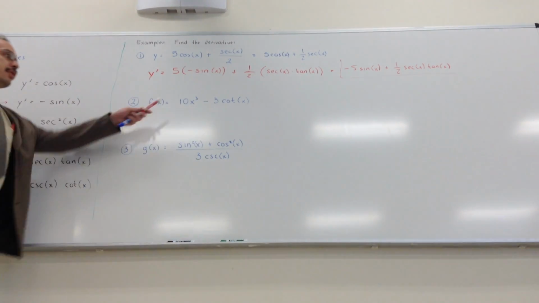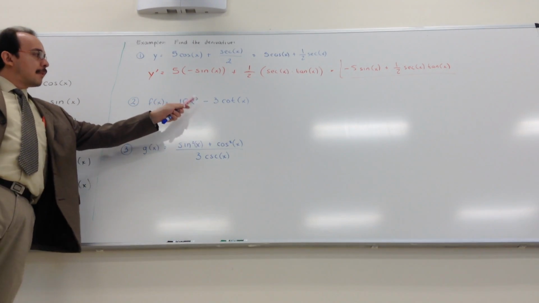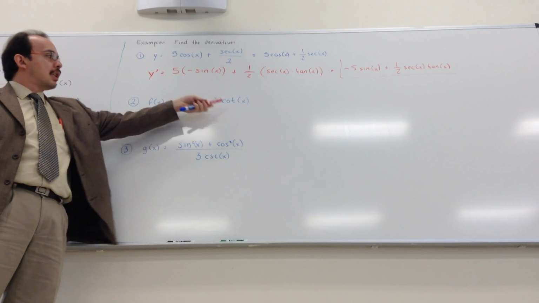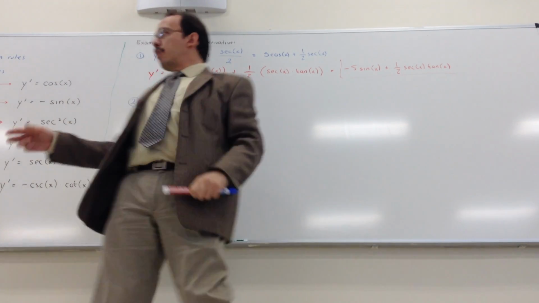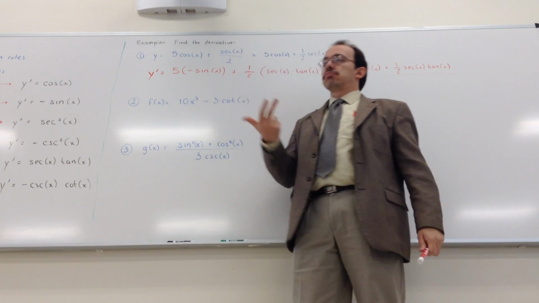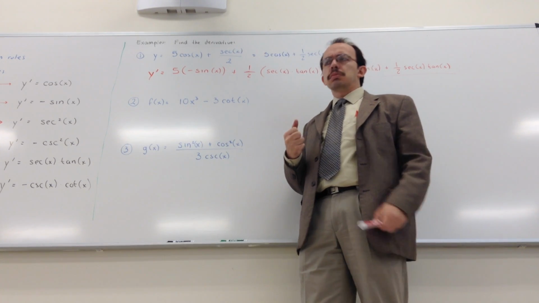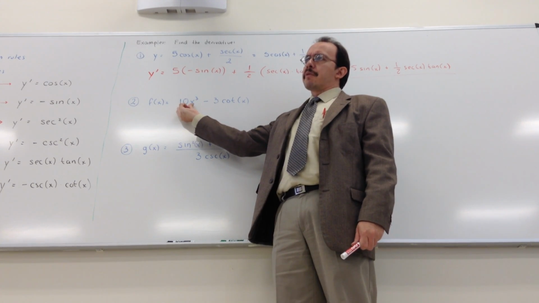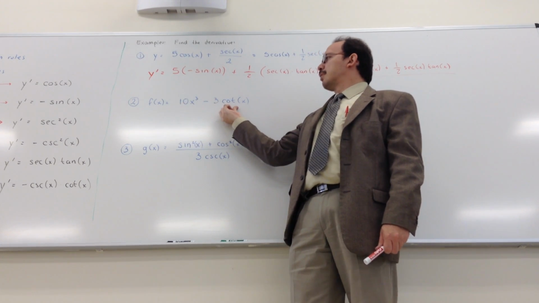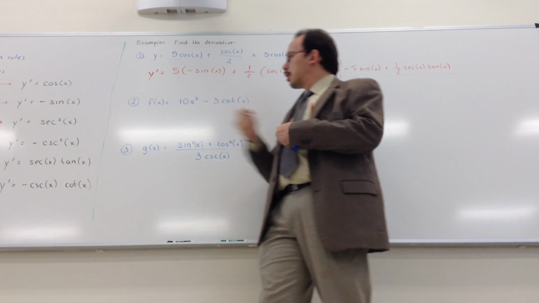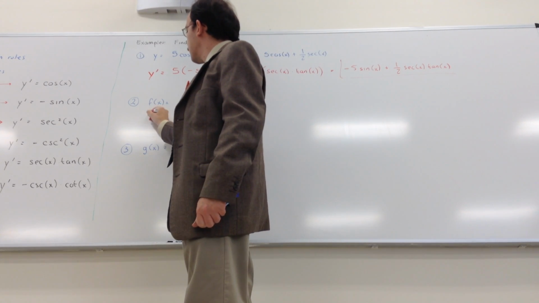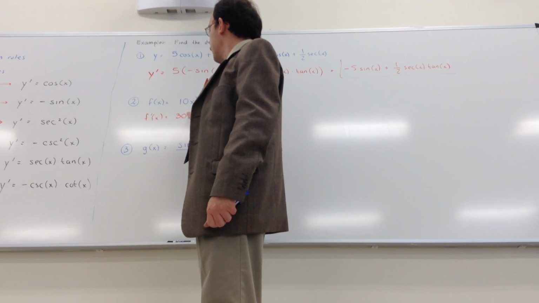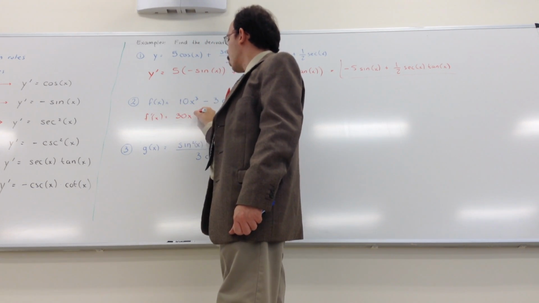F of x equal to 10x to the cube minus 3 cotangent of x. We're combining things. We're combining algebraic, the power rule, and the cotangent rule. Do I need to rewrite anything here? No, in this case, no. Because you can solve this directly with the power rule from yesterday, and you can solve the cotangent with those rules. F prime of x is going to be 30x squared. Why 30?